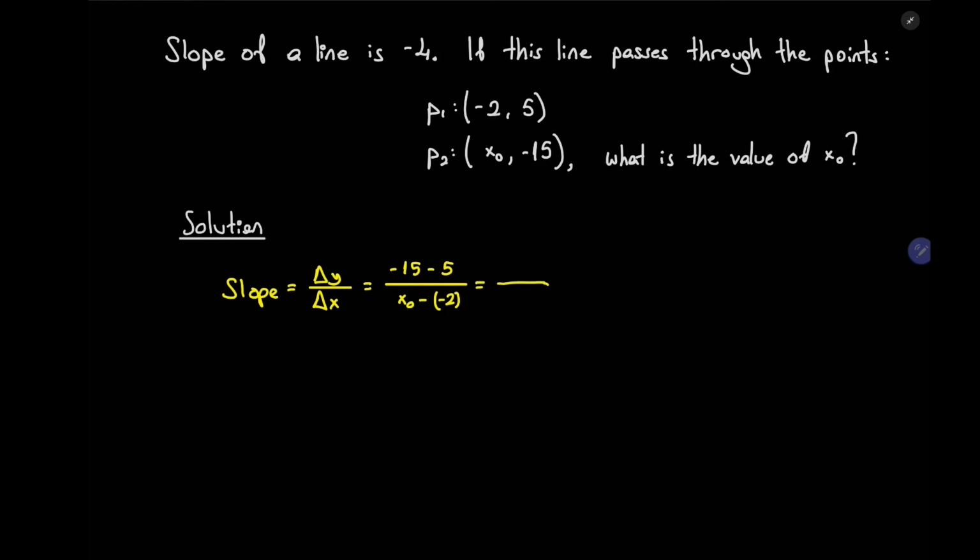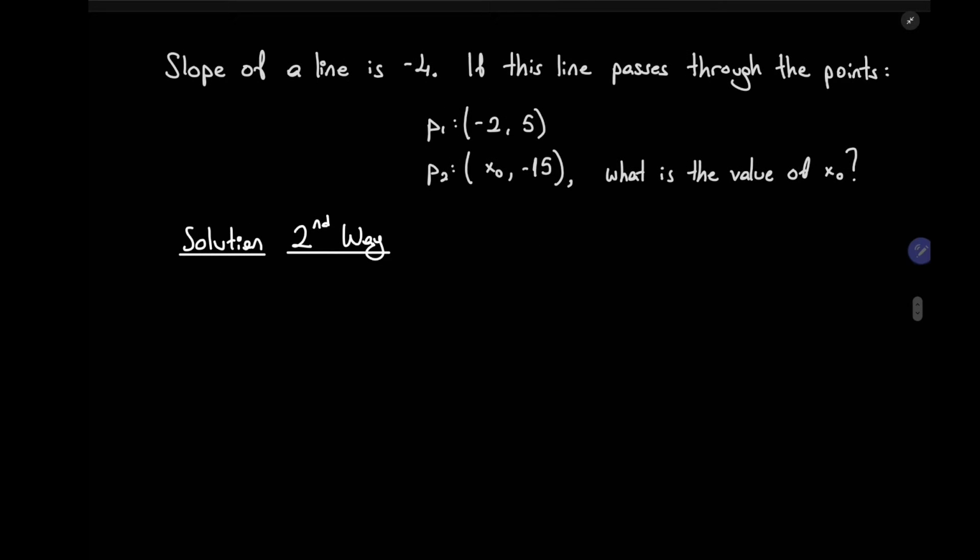That equals to minus 20 over x0 plus 2. And slope was given, it's minus 4. So from this equation, we can say that 5 equals to x0 plus 2 and x0 equals to 3. Yeah, that's the answer.